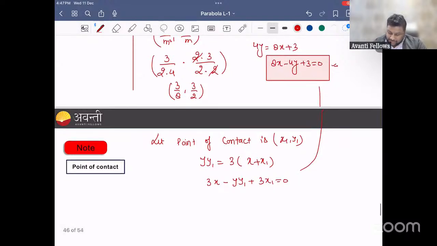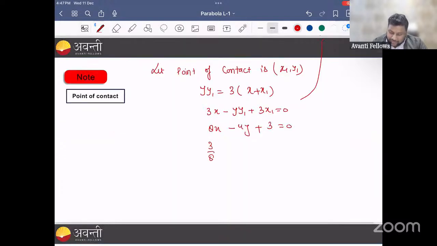This line is 8x minus 4y plus 3 equals 0. If I compare it, 3 by 8 is y1 upon 4 is 3x1 upon 3. So x1 is 3 by 8, and y1 will be 3 upon 2.